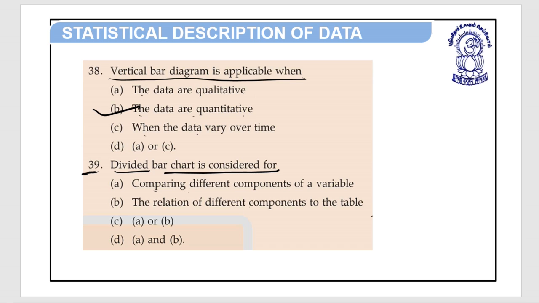C, A or B. D, A and B. Divided bar chart is considered for option D, A and B, comparing different components of a variable and the relation of different components to the total.